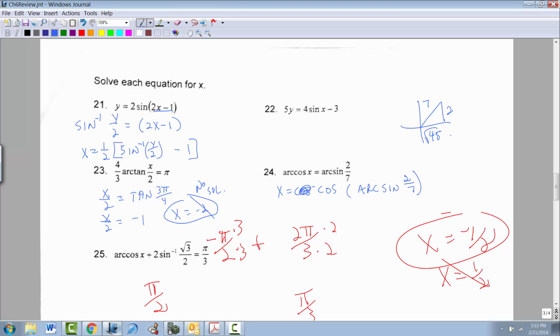And then that's 9 times 5, so it's a 3 root 5, right? So when you arc sine, you get theta. And now we have to cosine theta. Well, cosine theta goes back to the same triangle. It's like we're going in circles here. And then you get 3 root 5 over 7. Right, so that's what 24 is, very simple.